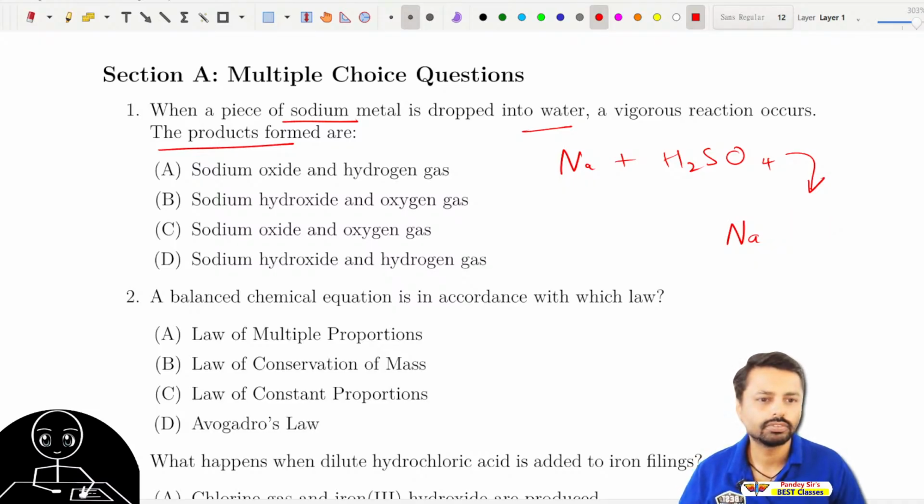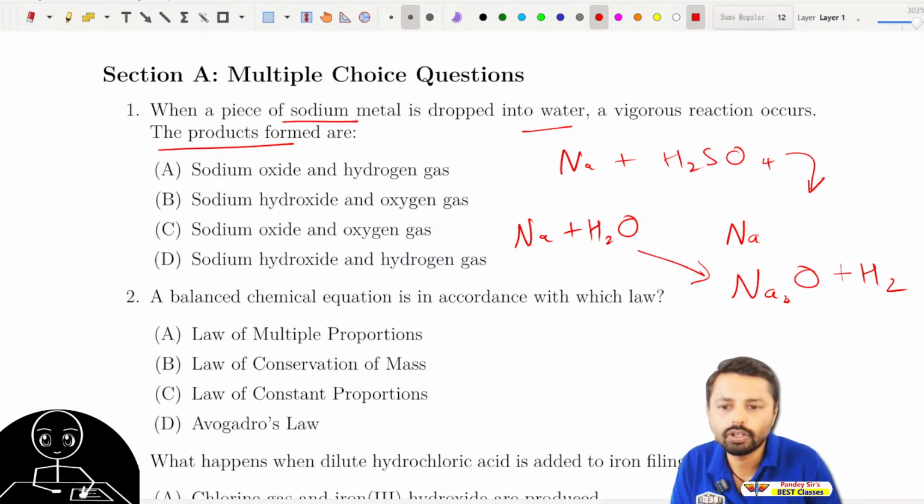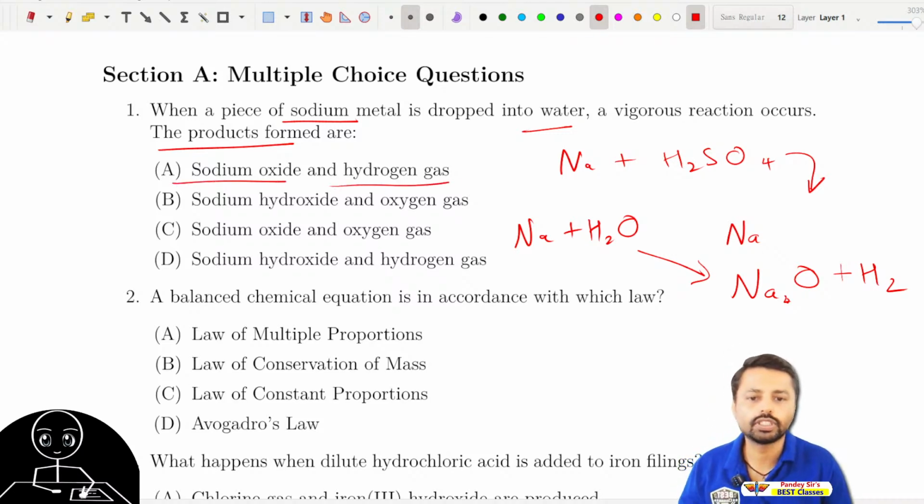Na2 water. See, this is what happens when you try to do too fast. Na plus H2O. Okay, you get Na2O plus H2. So sodium oxide and hydrogen gas.